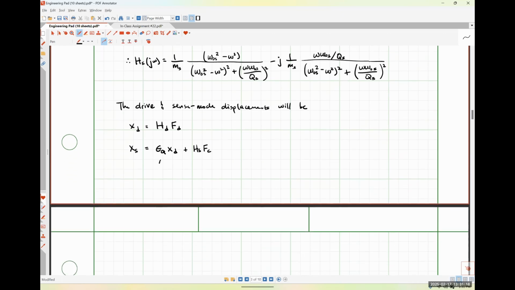So this epsilon_q thing here is what is known as our quadrature error.